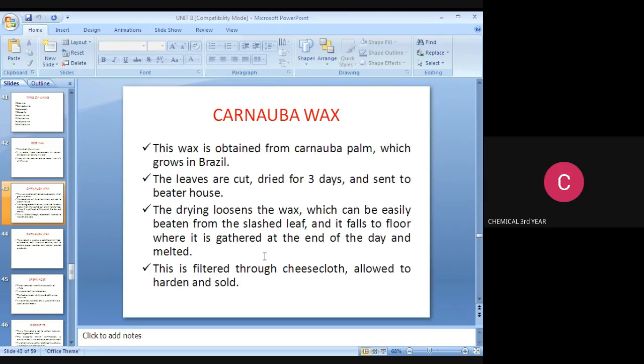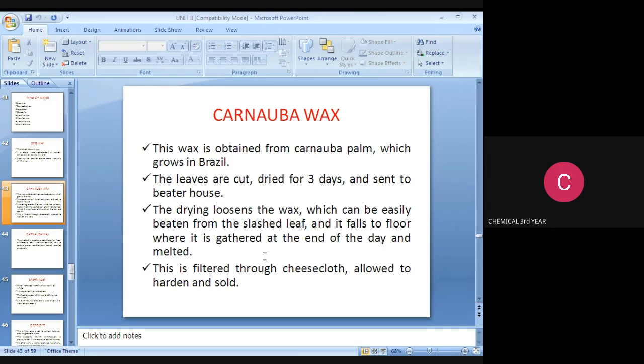The drying loosens the wax, which can be easily beaten from the slashed leaf, and it falls to the floor, where it is gathered at the end of the day and melted. This is filtered through cheesecloth, allowed to harden, and sold.